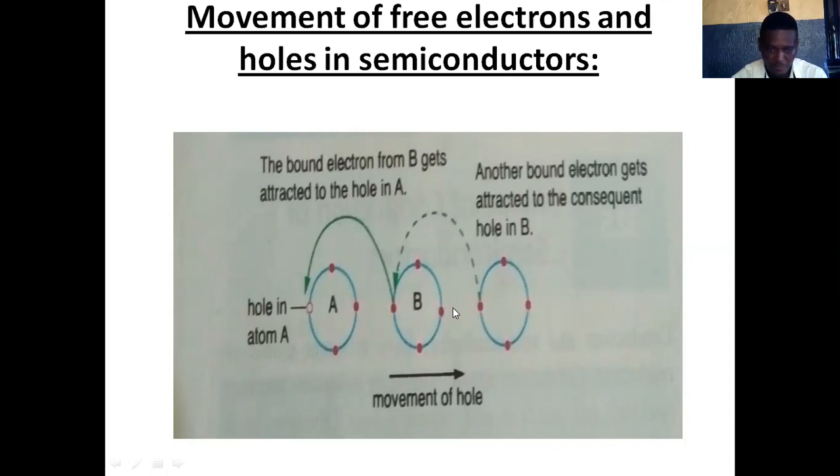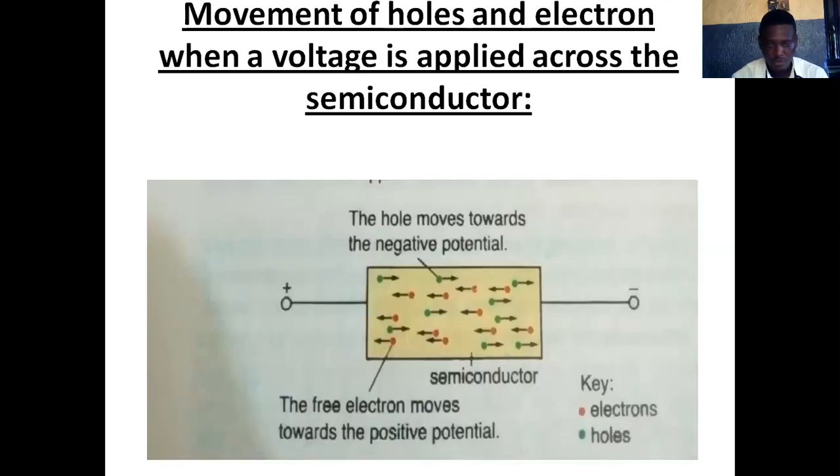And when that happens, the cycle continues and there will be conduction of electricity. So we now have equal numbers of holes and equal numbers of what? Free electrons. So your hole represents your positive charge carrier. Free electron represents your negative charge carriers. Okay, that is the internal structure of what happens.